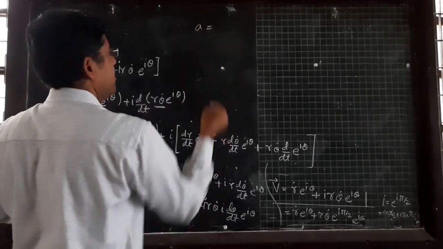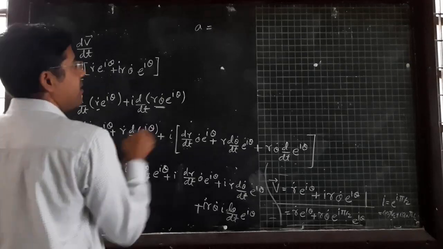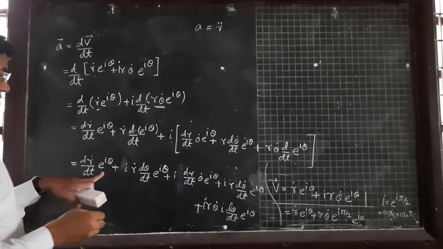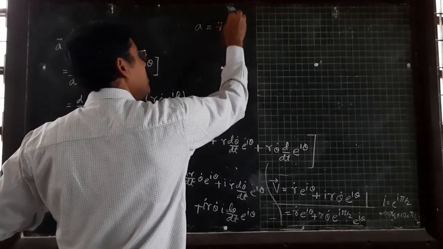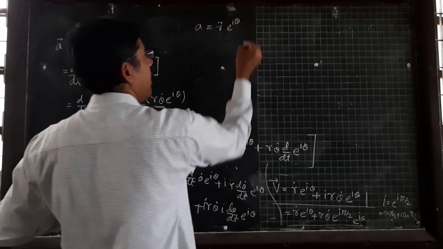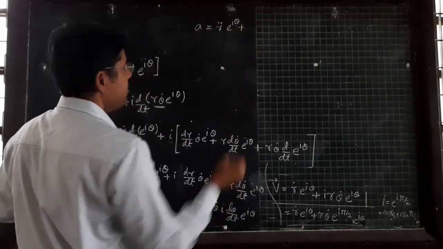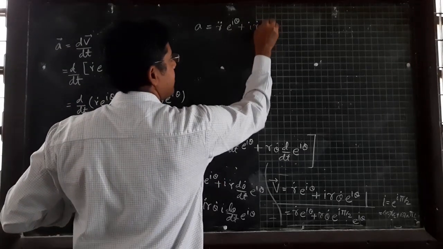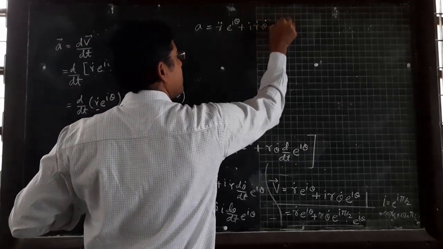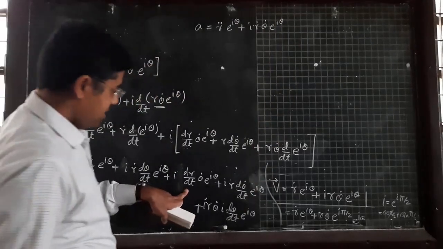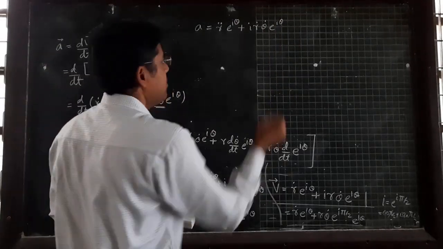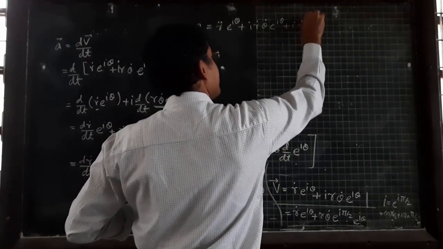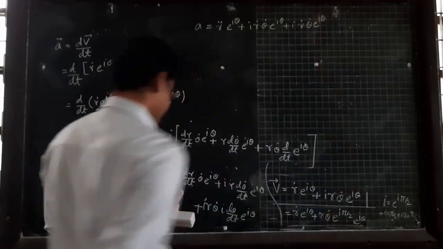which is nothing but d by dt of r dot, so r double dot e raised to i theta, plus this is i r dot theta dot e raised to i theta. This is dr by dt means r dot, so we can write plus this is r dot theta dot e raised to i theta.